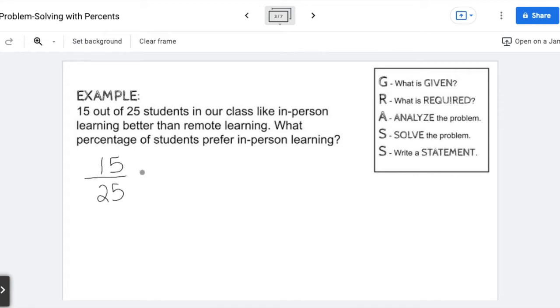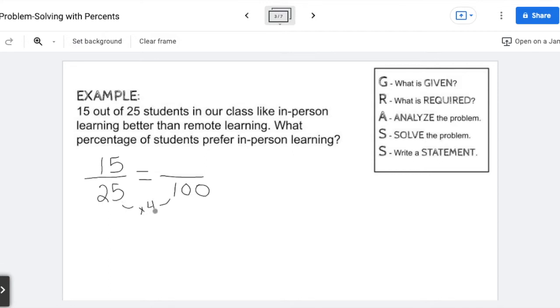Now, if we want to try this without a calculator, we can, of course, figure out an equivalent fraction with 100 as the denominator. Luckily, these numbers are pretty friendly to work with. So we can think, 25 times what gives us 100? 25 times 4.